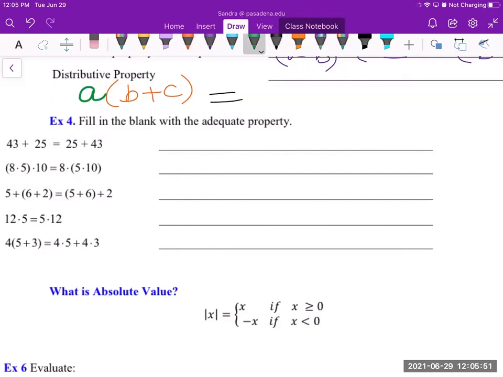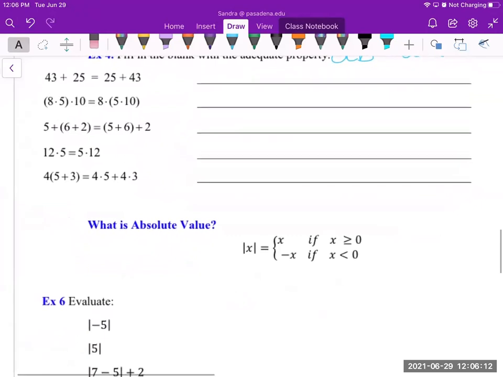You are going to multiply A times B and then plus A times C. Now, if this is a minus, you're going to do the same thing. It will just be AB minus AC. Okay, that's what we call distributive property.